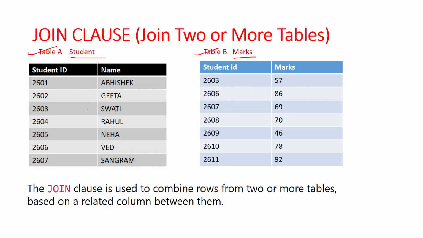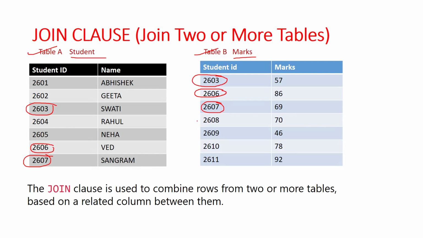But you can see here, let's say this 2603, this ID is common in table B also. 2606, that is common in table B also, and 2607, that is a common ID in both the tables.